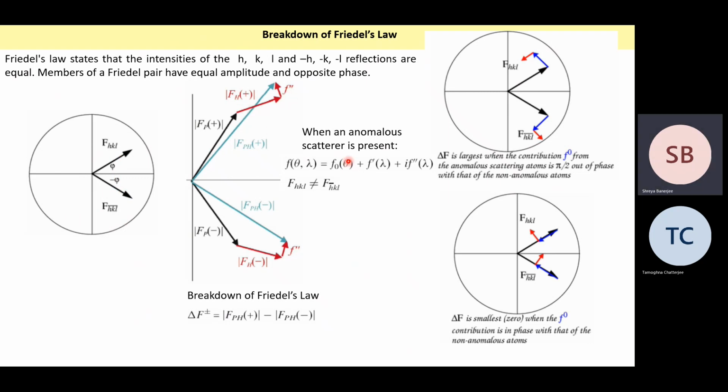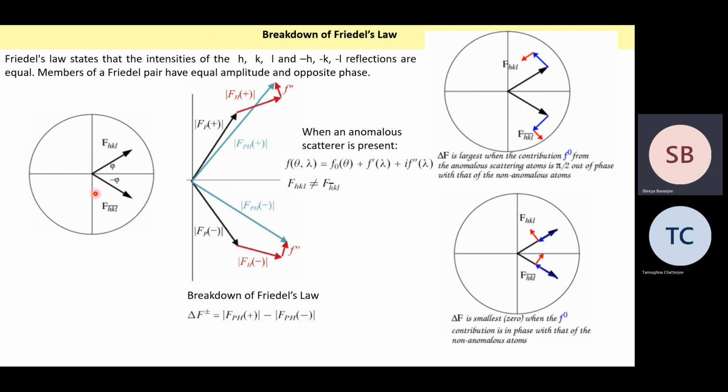But if you have anomalous scattering, then Friedel's law is no longer valid, because you have the scattering from the protein Fp, and the scattering from the heavy atom Fh. On top of that, if you add the anomalous scattering F double prime, and you look at the net vectors of the co-crystallized protein and heavy atom, the lengths of the vectors become different.